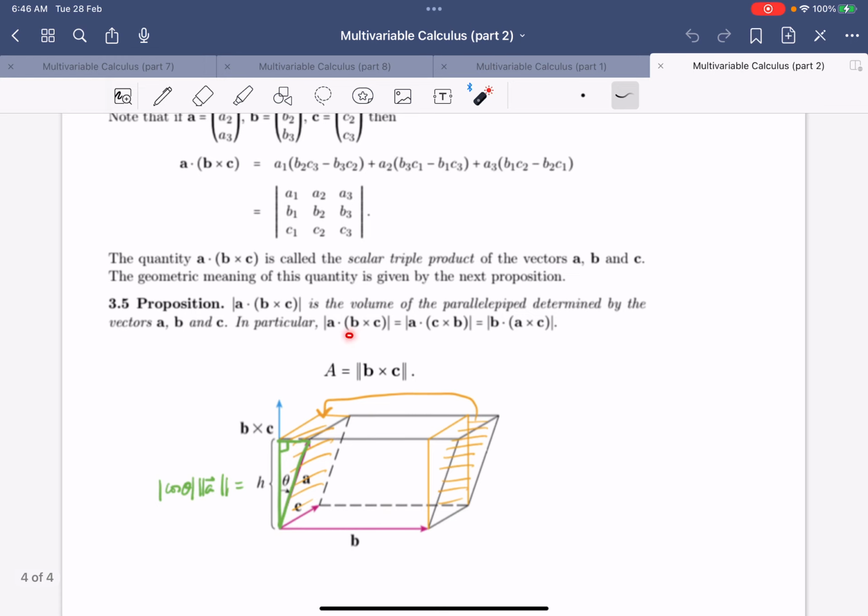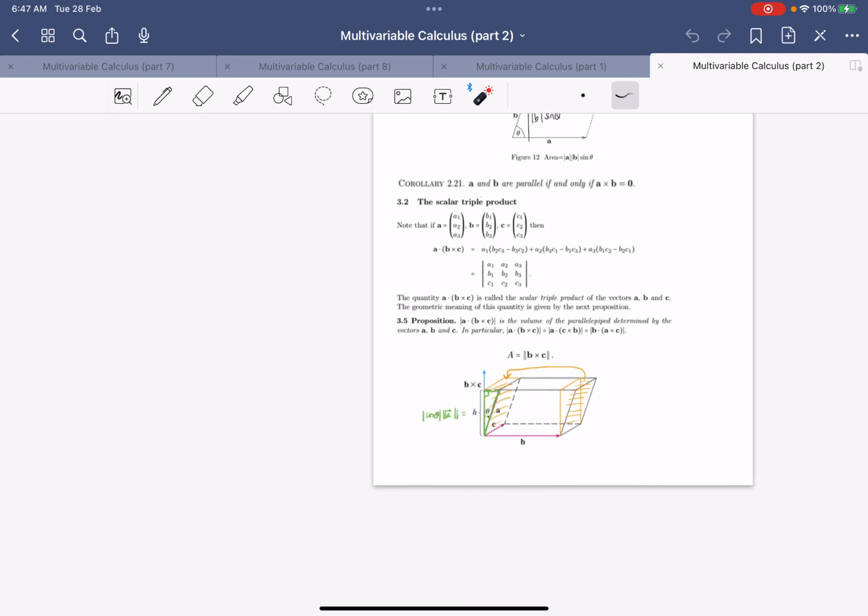Because B cross C is the area of the parallelogram, and when you dot it with the vector A, you get the height, A cosine theta, with respect to the normal vector of this plane. So you can work out the formula and see that it represents the volume of the parallelepiped, because you get the perpendicular height multiplied by the base area.